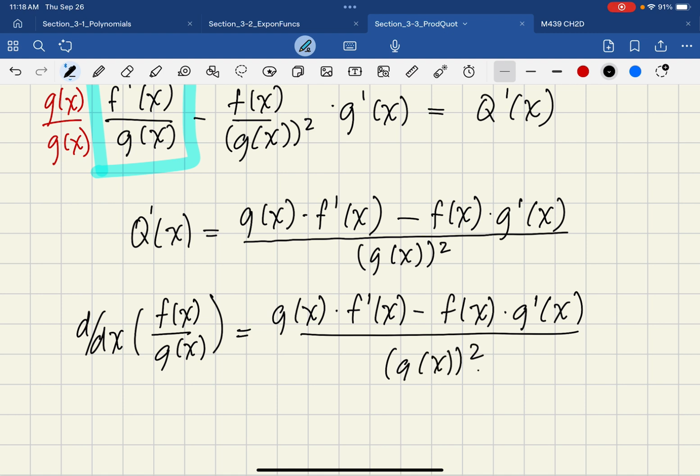And that's it. That's the derivation of our rule for the quotient rule, which says that the derivative of a quotient is the bottom times the derivative of the top minus the top times the derivative of the bottom, all over the bottom squared. All right, we've got two new rules. In my next video, I'll go through a few examples of how to use both the product and the quotient rules on actual functions.